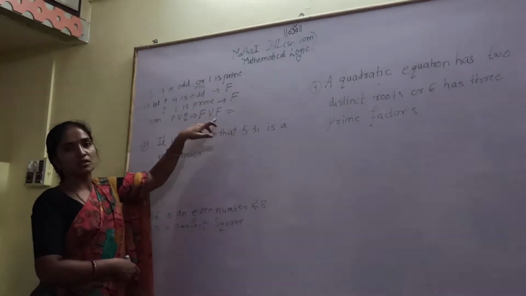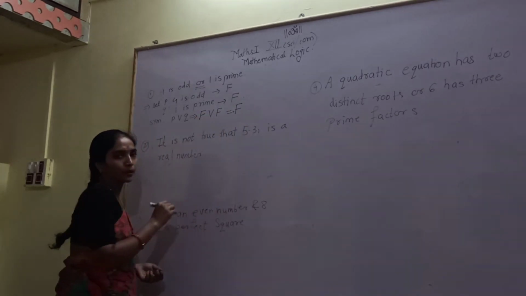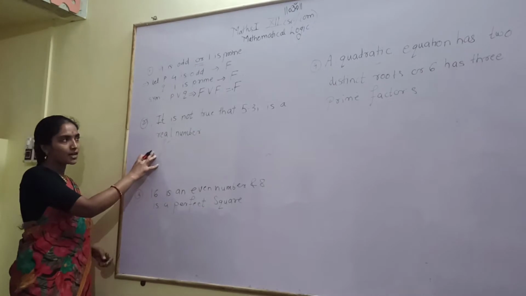If both are false, then its truth value is false. Therefore, F or F is F. Okay, getting it everyone? Let me see the second example.